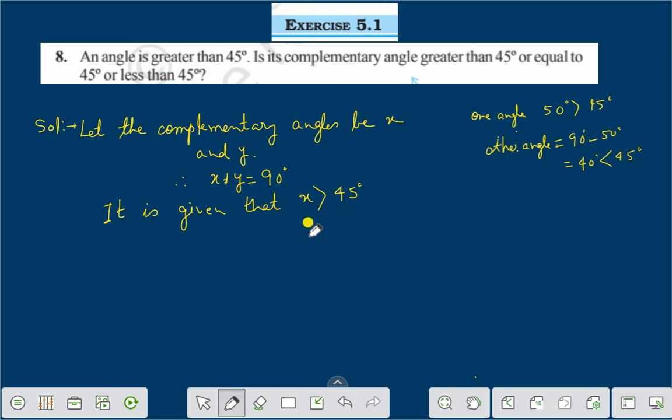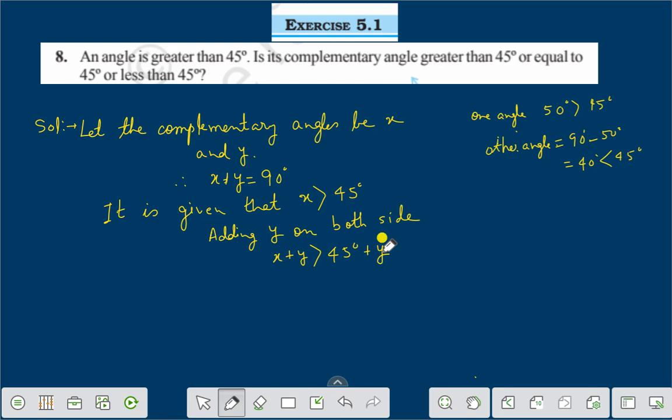Now, adding y on both sides, we get x plus y is greater than 45 degrees plus y.